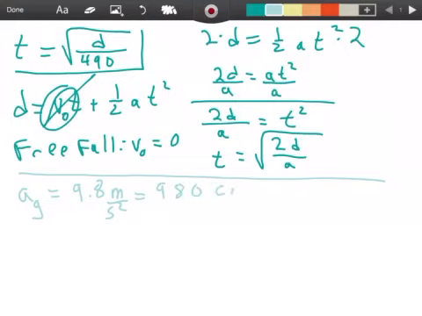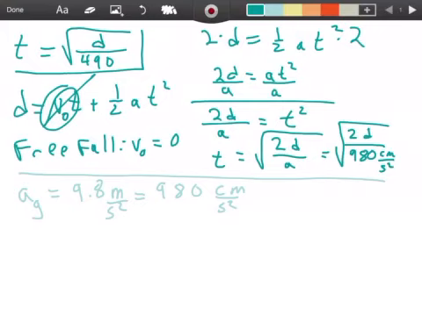So in centimeters per second squared, acceleration due to gravity is 980 centimeters per second squared. Substituting that in, we get the square root of 2d over 980 centimeters per second squared.